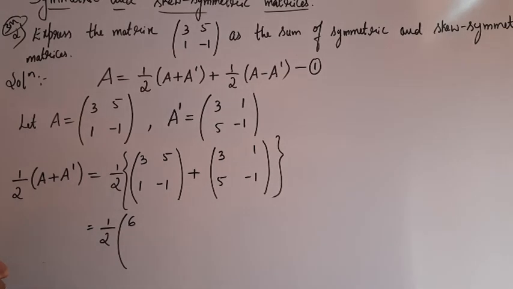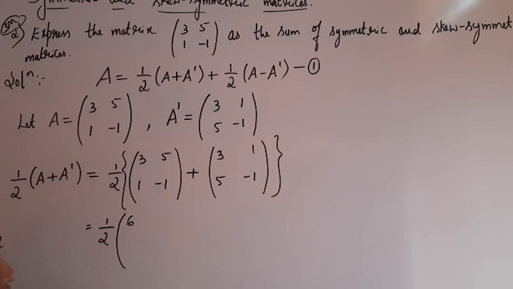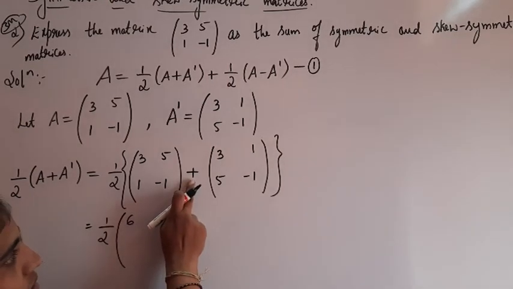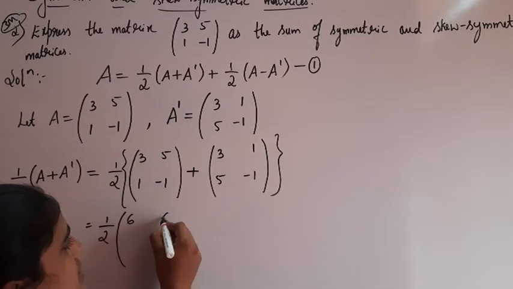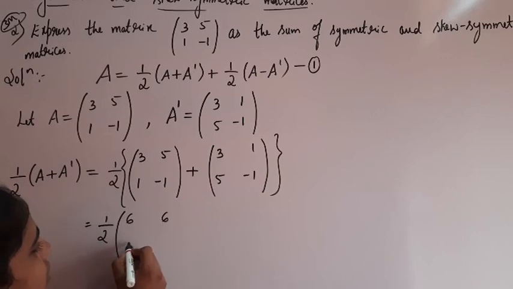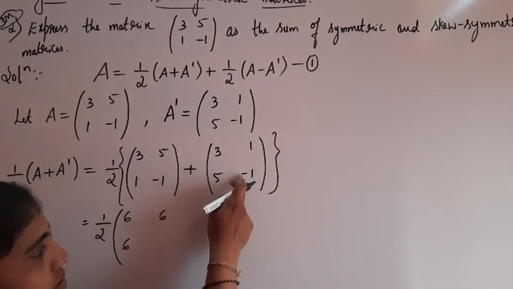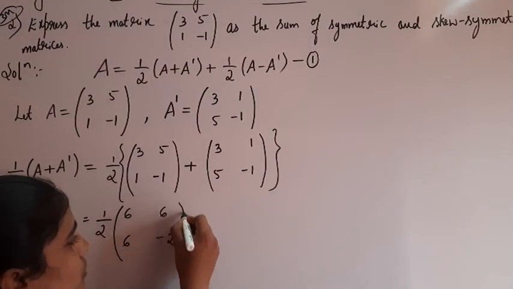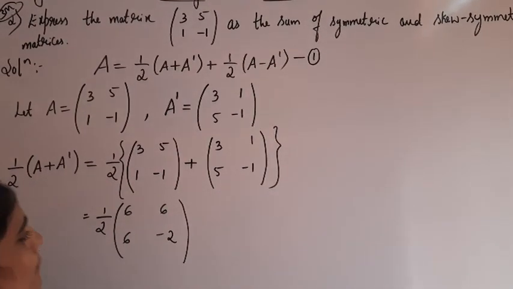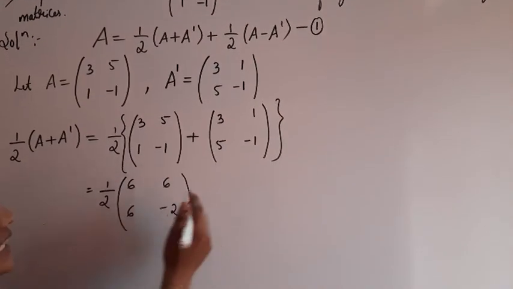We are adding, so don't take multiplication, because this term often goes wrong when students multiply. 3 plus 3 is 6, 5 plus 1 is 6, 1 plus 5 is 6, and minus 1 minus 1 is minus 2. Now multiply this 1 by 2 inside the matrix for each element.